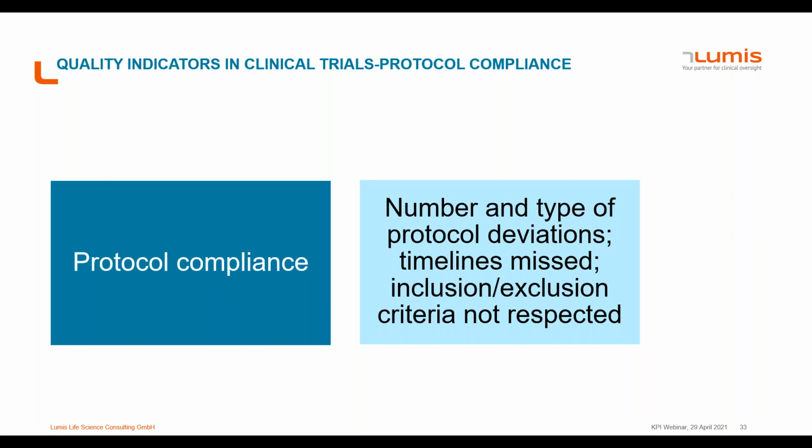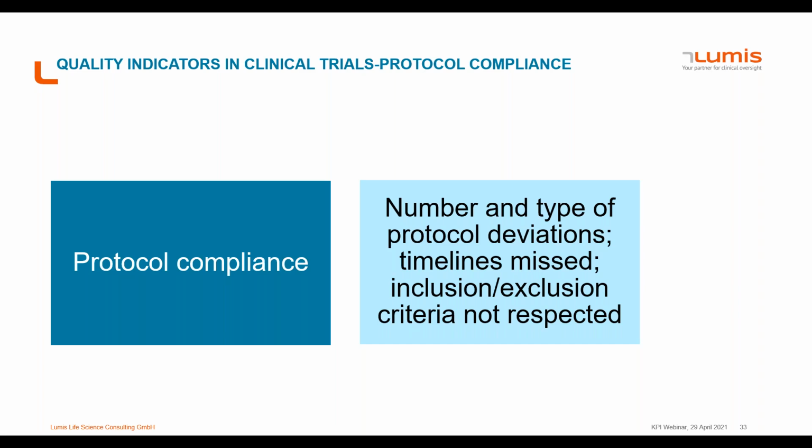So we have our clinical trial protocol, but now we are confronted with compliance with the clinical trial protocol. Compliance with the trial protocol and protocol deviations are key, absolutely key to the quality of the clinical trial.